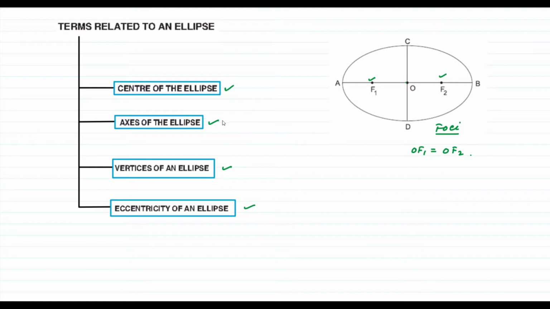Now what is the axis of the ellipse? There are two types of axis of the ellipse. One is the major axis. Another is the minor axis.